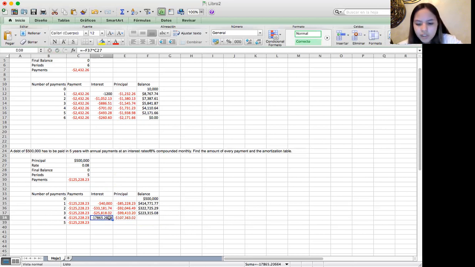Wait, something here is wrong. This one is minus balance 0.08. Okay, there you go. Then it is this minus this. Then, is it okay?